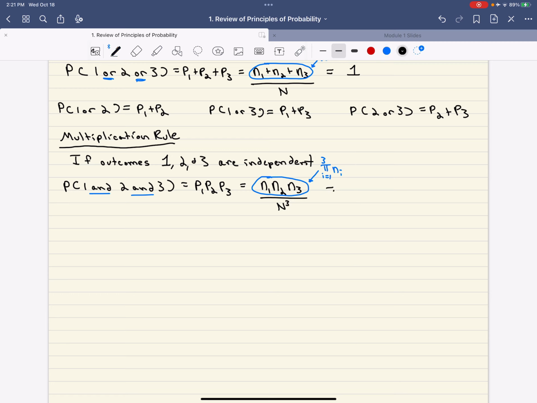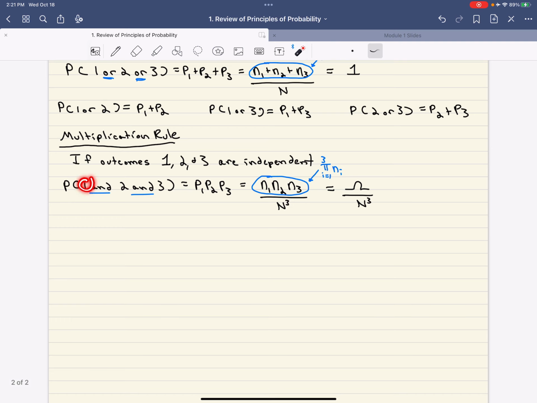We called it the multiplicity, and it was abbreviated as omega. Okay? All right, so to find the probability that all three of our different outcomes occur at the same time, if these probabilities or outcomes are all independent, then we could calculate the overall probability using this equation here.